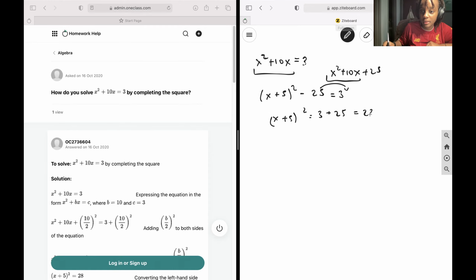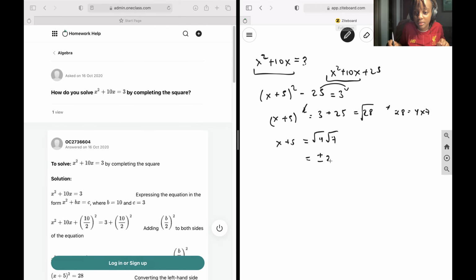That's going to give us 28. And let's just take a note that 28 is equal to 4 times 7, which means that when we square root both sides in order to get rid of this square, we get the square root of 4 multiplied by the square root of 7. And this would give us plus or minus 2 square root 7.